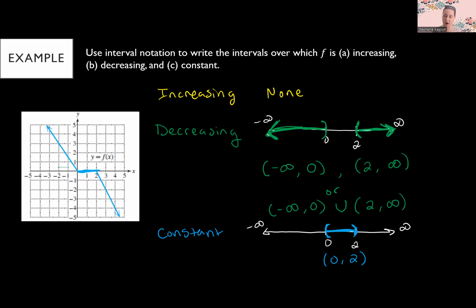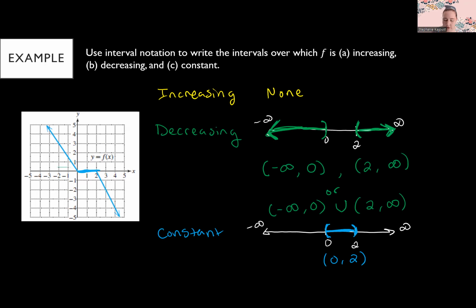Basically, anywhere the graph is defined, which is the domain, it's either increasing, decreasing, or constant. You're never going to have part of the graph that is none of these three things. These are the three choices. So you need to make sure the whole domain is covered between all of your answers.